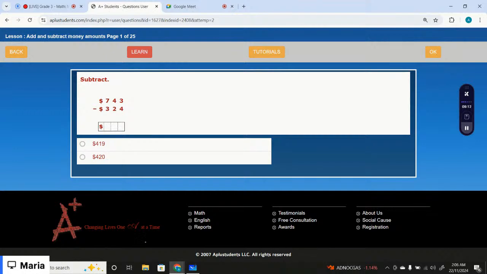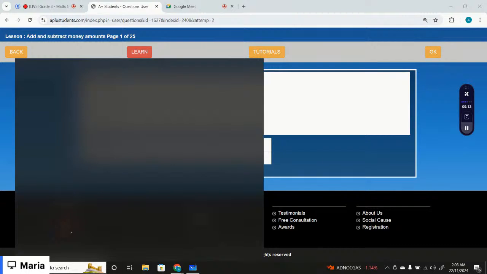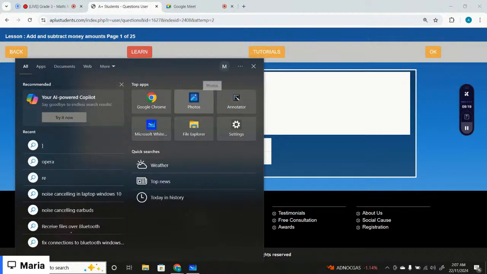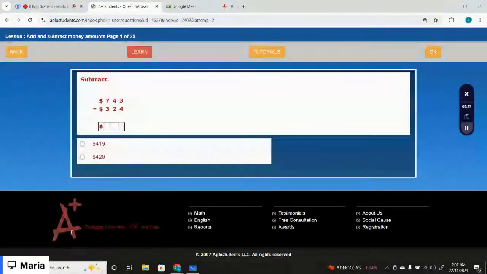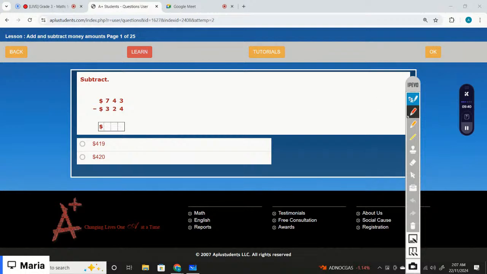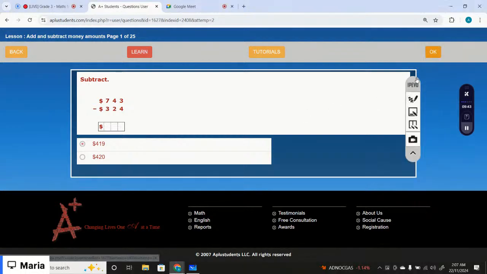So you cannot subtract 3 out of 4, so you need to borrow 1 to make it 13. 4 is 9. Then you have to do 3 take away 2 because you borrowed 1 from here. 3 take away 2 is 1, and then you have to do 7 take away 3, and 7 take away 3 is 4. So that is option number 1, 419 is the correct option.